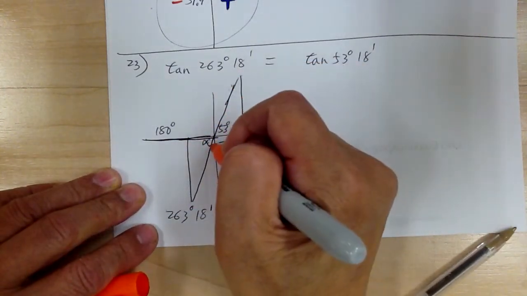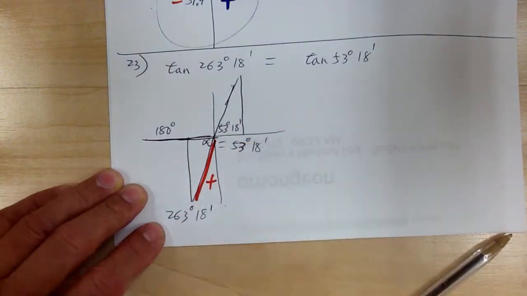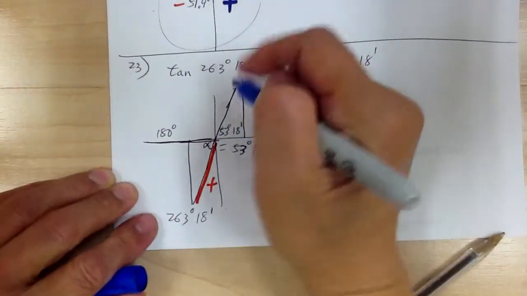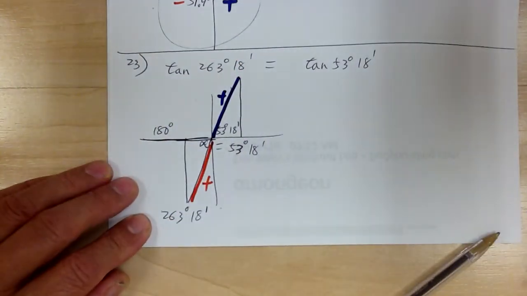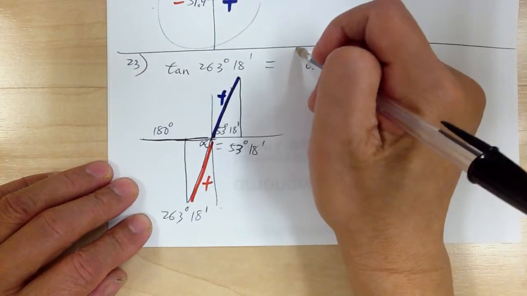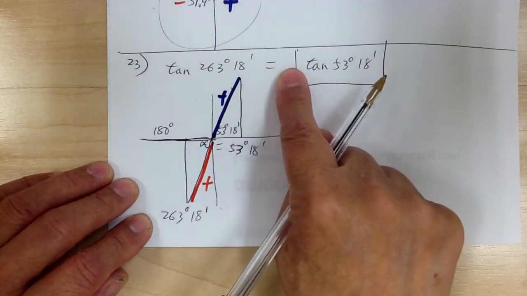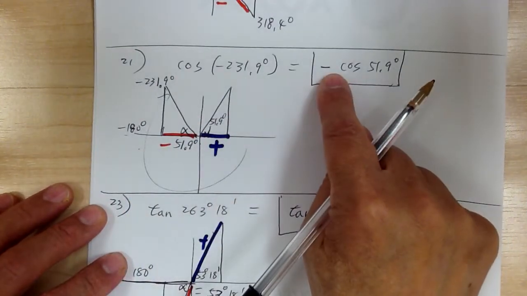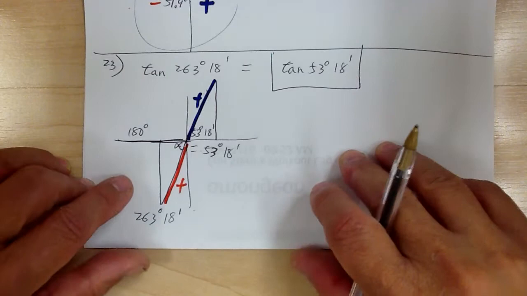So slope right over here, that's your original, so it's positive, right? It's going up. And the new one is right over here. It's also positive. So they are the same, so you don't have to make it negative. So that will be your answer already. So if they are the same, you just leave it alone. If they are opposite, you have to put a negative to compensate for it. Okay. So that's number 23.